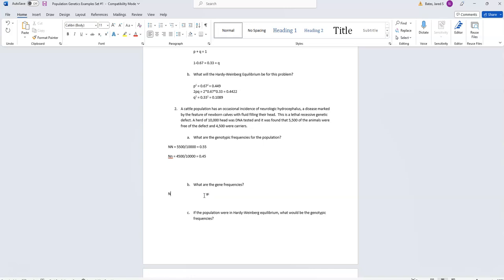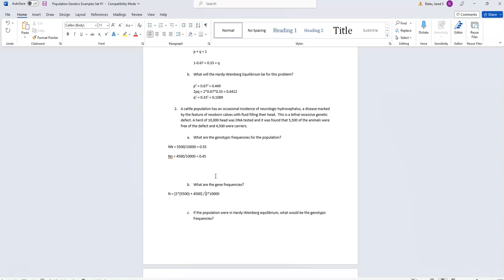So for capital N, that's going to be equal to 2 times 5,500 plus 4,500. That's my numerator, and I'm going to use brackets here. Then I'm going to divide that by 2 times 10,000.